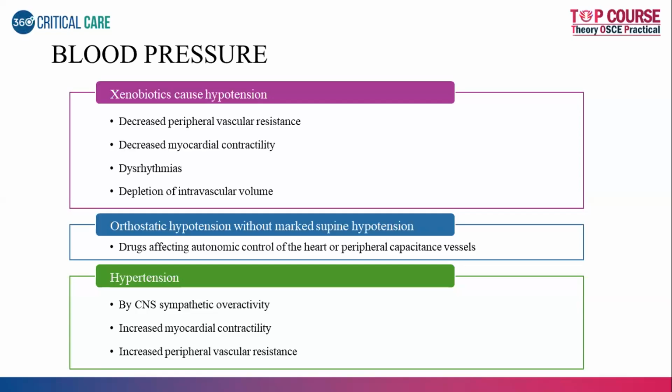Because these drugs usually affect the autonomic control of the heart or the peripheral capacitance vessels. Now coming to those drugs which cause hypertension, especially sympathomimetics. How do they act? They act on the CNS by causing sympathetic overactivity. They cause increased myocardial contractility and increased peripheral vascular resistance. So these are the mechanisms by which hypotension or hypertension results in poisoning.